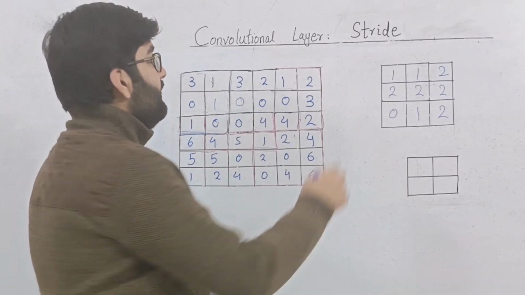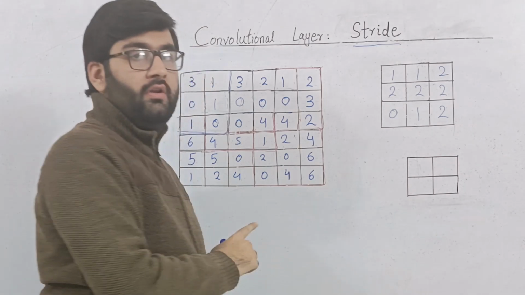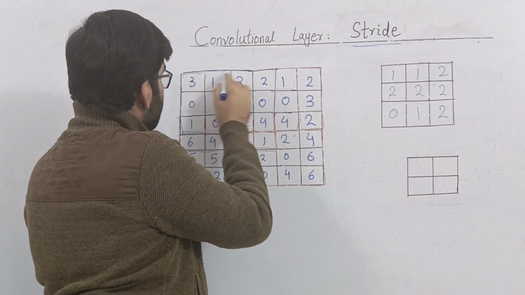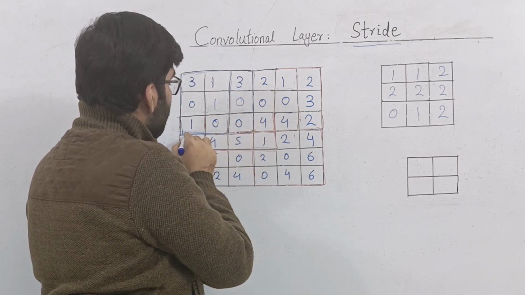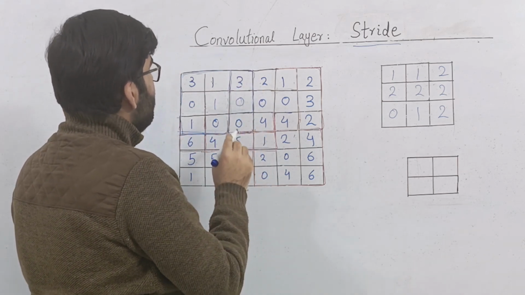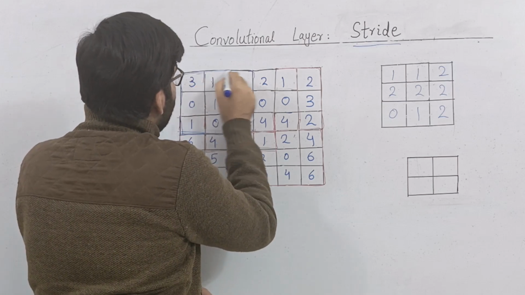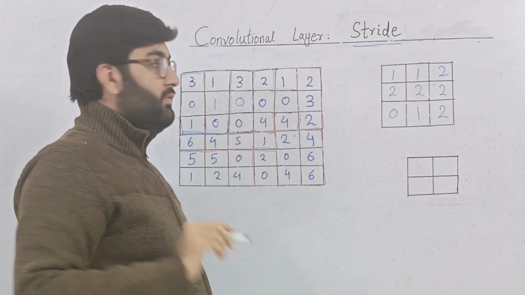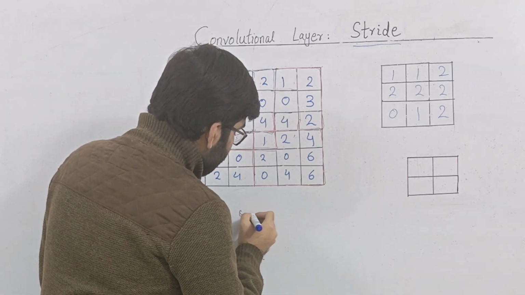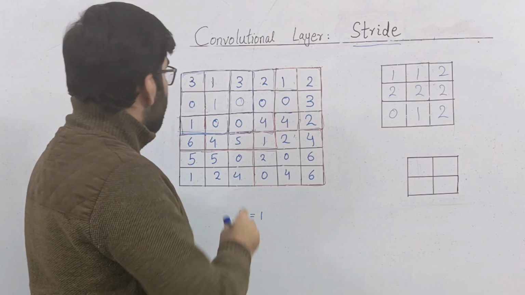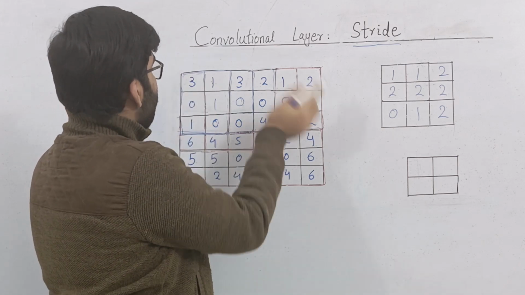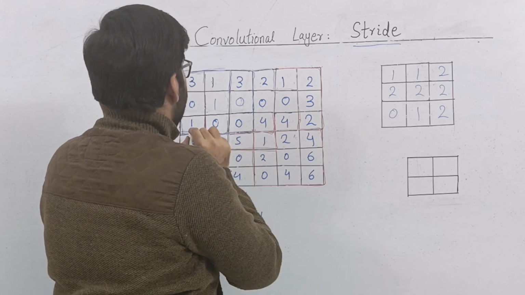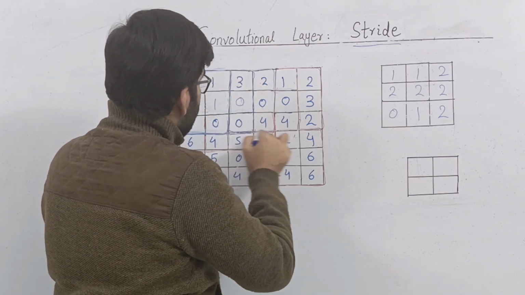The next point is the stride. Notice that when we place the kernel here at first and calculate the first entry, then we move it 1 point to the right. That means we are using a stride of 1. What if we moved it 2 points to the right? That is, after calculating this entry, we move it to this.